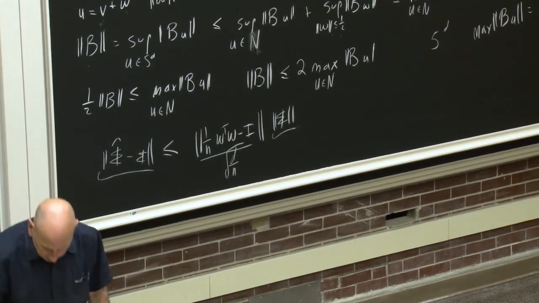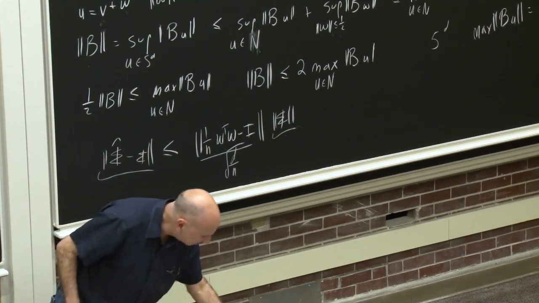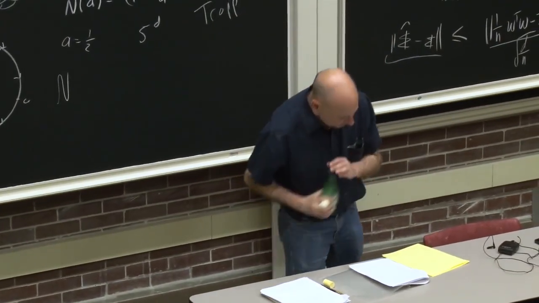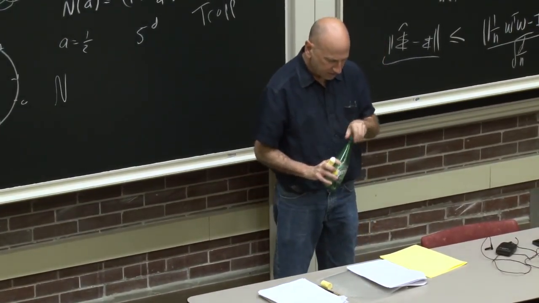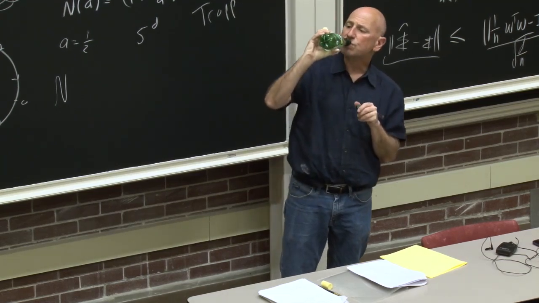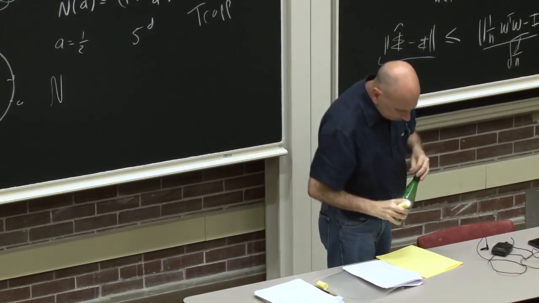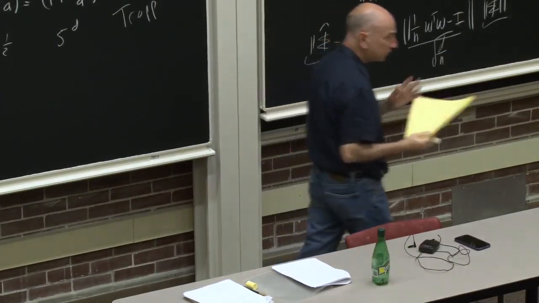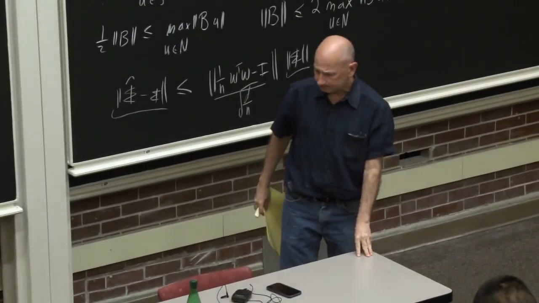Okay, good. So I did manage to keep some time now to just introduce a little bit about differential privacy. So what is differential privacy? Most of you haven't seen this before.